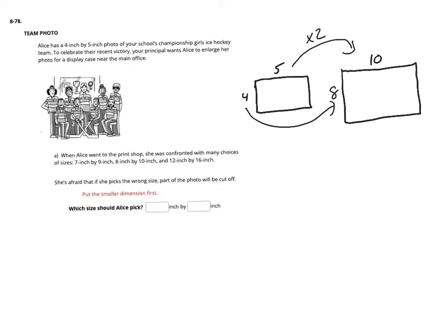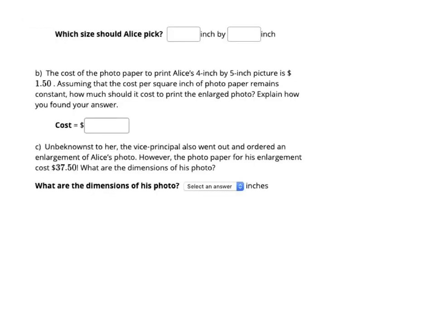So that means that this will be a similar shape, and that's the one that we're going to need. So if I multiply the two dimensions by the same thing, that will give me the new shape. So the correct answer is 8 by 10. We know that Alice's enlargement is going to be 8 by 10.